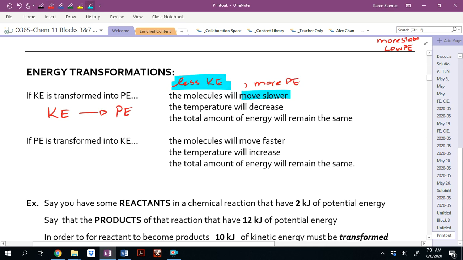If the molecules are moving slower, the temperature is going to decrease, because temperature is a measure of the average kinetic energy. But remember, we didn't lose kinetic energy and just have it disappear. It turned into potential energy. So we have less kinetic energy, but we have more potential energy, so the total amount of energy will stay the same.